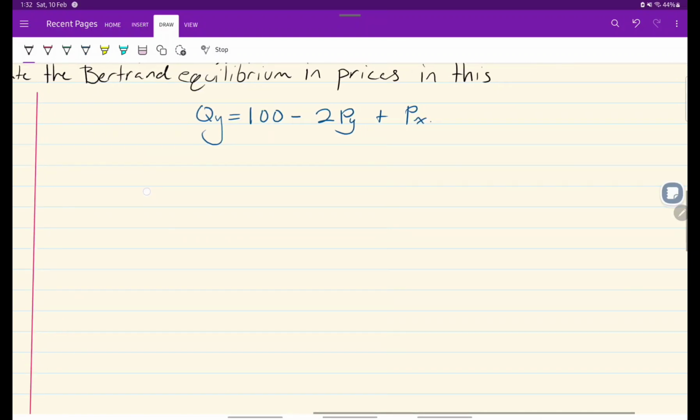So, the line that I start on, this one, you'll have your profits for Y, maximizing, is price times quantity, multiplied through your price minus your marginal cost.